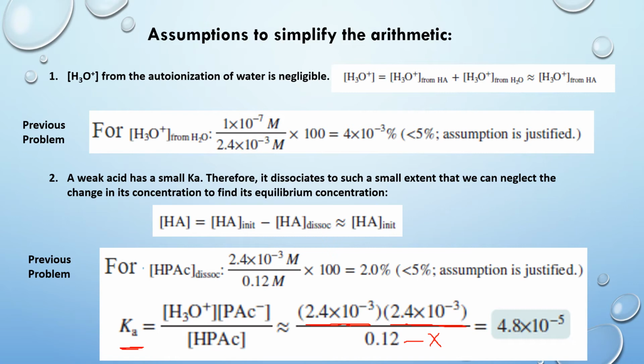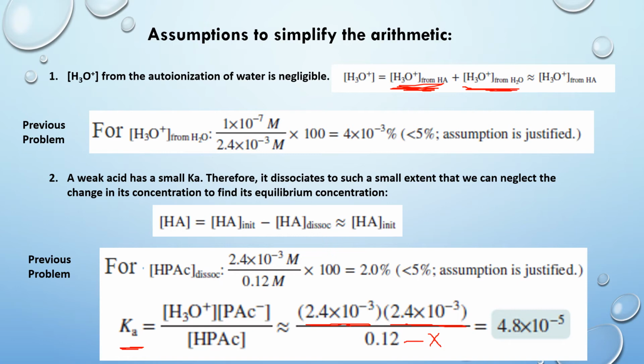But in this case, we can simplify the math a little bit by making a couple of assumptions. First, we can assume that the proton generated from the auto-ionization of water is negligible. We have proton generated from the dissociation of the acid, and we also have proton generated from the auto-ionization of water, which is what we learned in chapter 18.2.